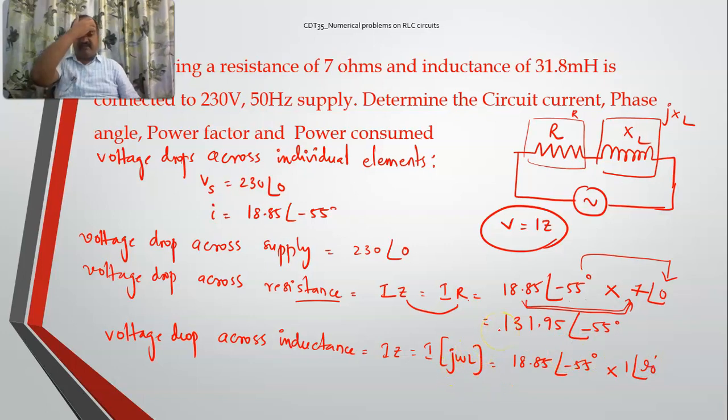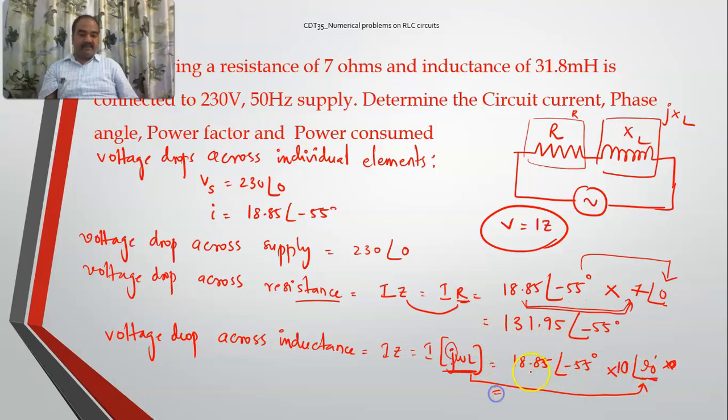J means 1 at an angle of 90, into omega L. Omega is 314.15 and L is 31.8 millihenry. So if I multiply them, 314.15 into 0.0318, I'll get somewhere around 10. So this is 10 at an angle of 90. For a resistor I won't get any angle, whereas for an inductor, since there is a J, I'll be getting an angle of 90 degrees.